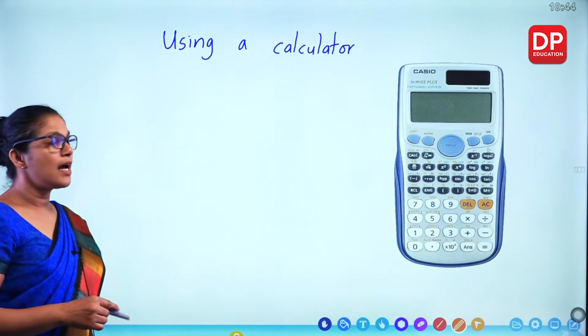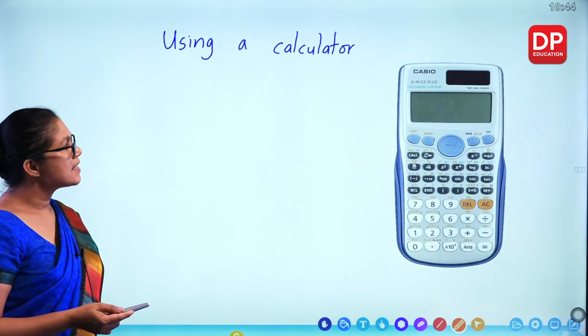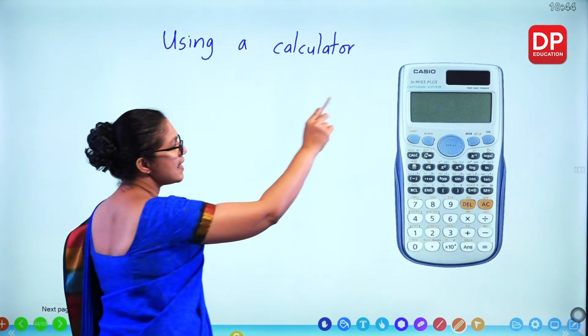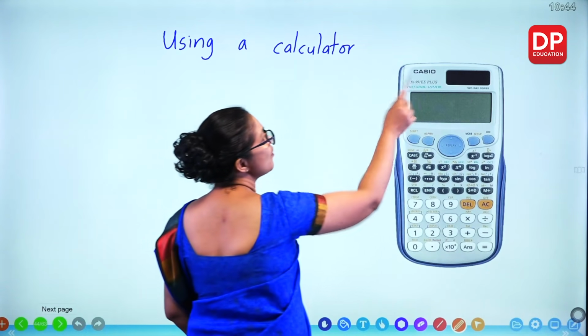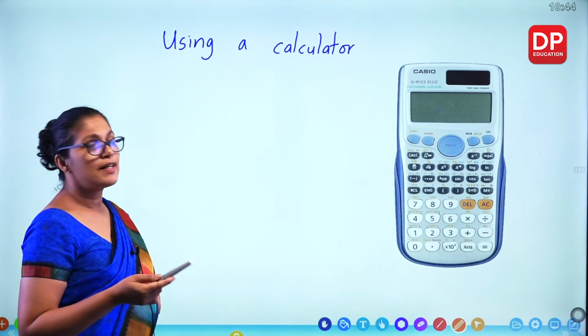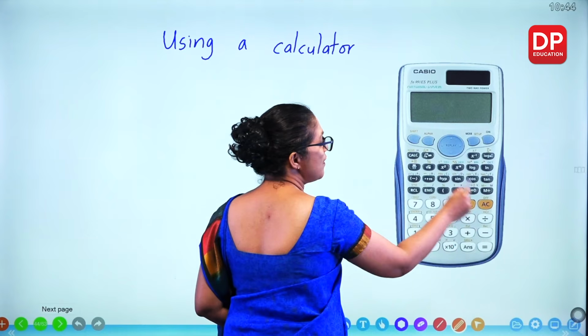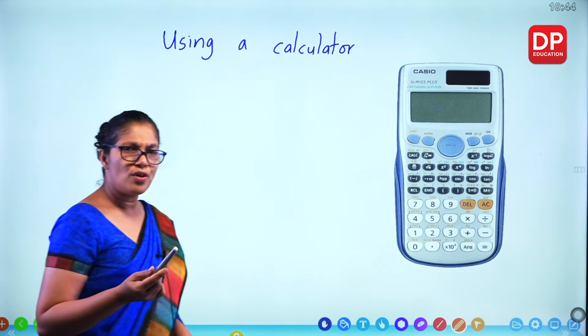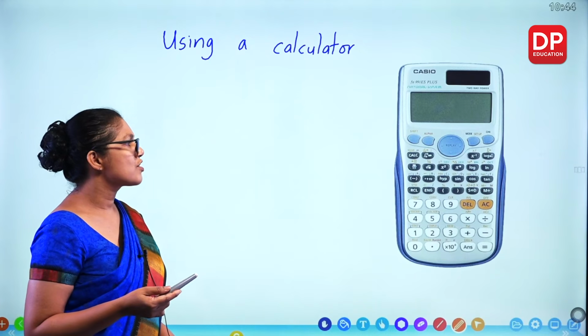Now we'll look at how we can use the calculator to find the solutions. This is a basic scientific calculator, a Casio, and different calculators have different function keys. In this class, you need to know just multiplication, division, addition, subtraction.